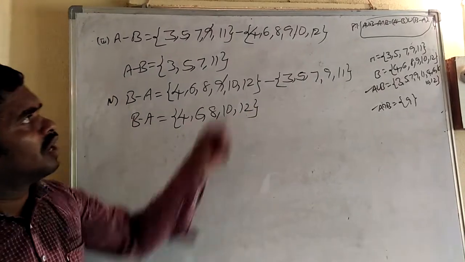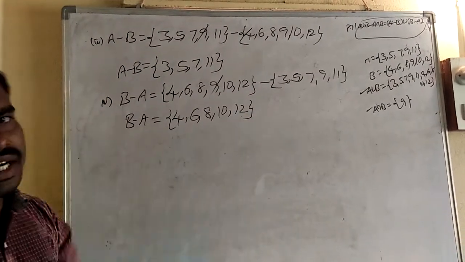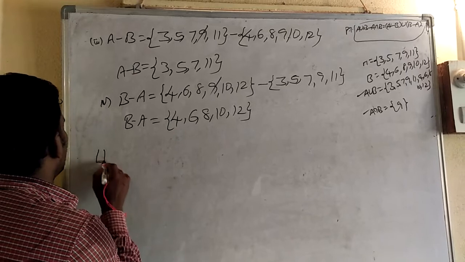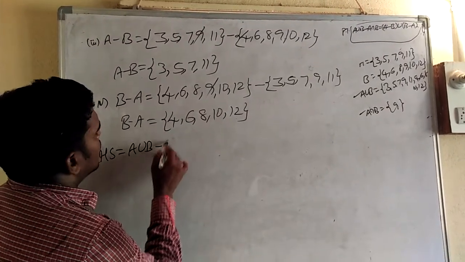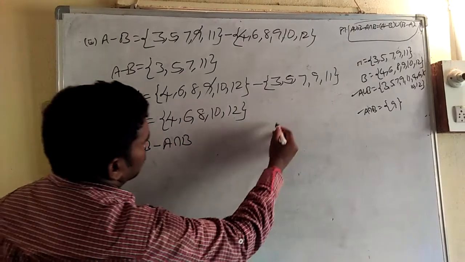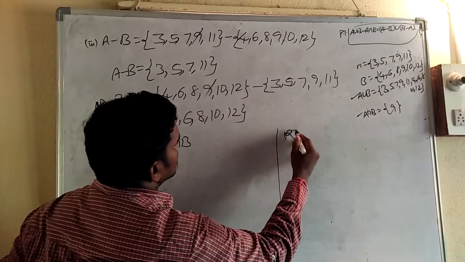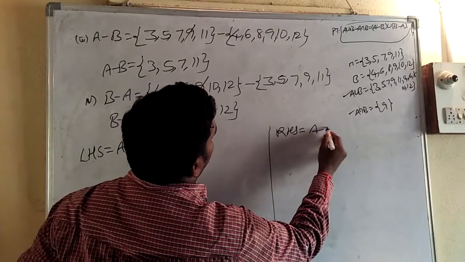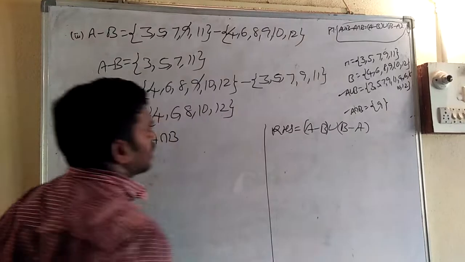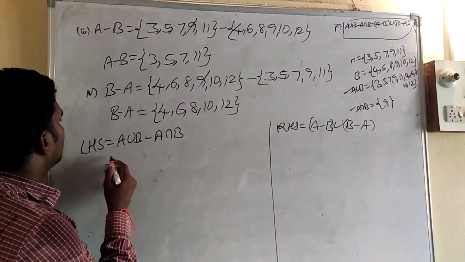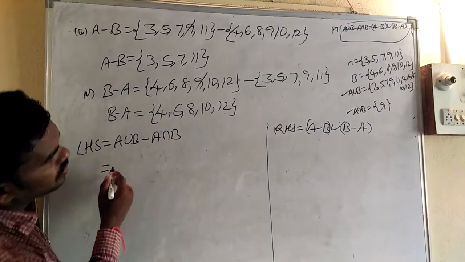Okay. So now I'm taking left hand side and right hand side, simplifying. So what is LHS? A union B minus A intersection B. Okay. What is RHS? A minus B union B minus A. First I am finding left hand side. What is A union B? We got it.